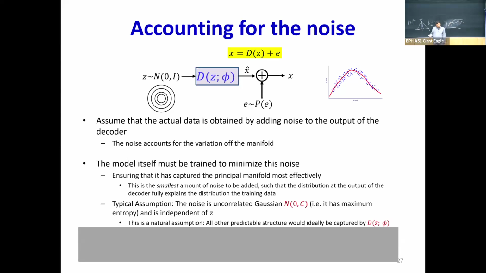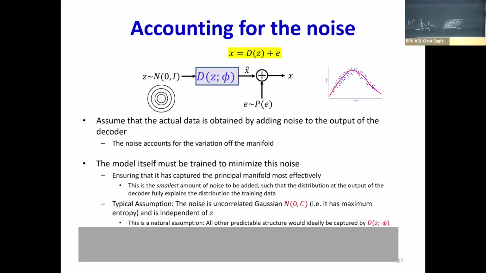Is it actually going to learn the curve? Yes or no? Any guarantees? No, okay. But if it learns the curve, what can we say about the error? It will be low.